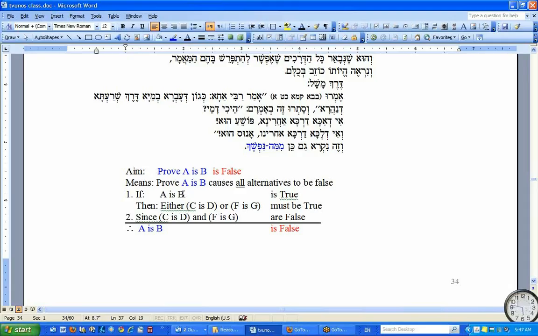So we first of all take his statement and we grant him the statement. A and B is true. So if it's true, then either it's going to lead to C or D or F is G. Okay, it's going to lead to two alternatives. Since both these alternatives are false, then your statement is false. So you just really added here, in technical language, a Hekesh Machalek and two Hekesh Toluis.